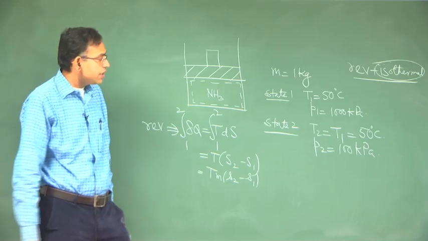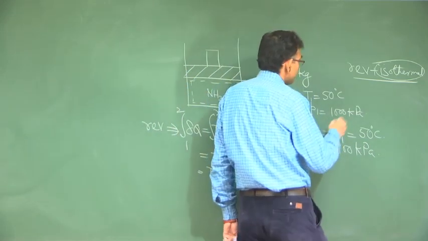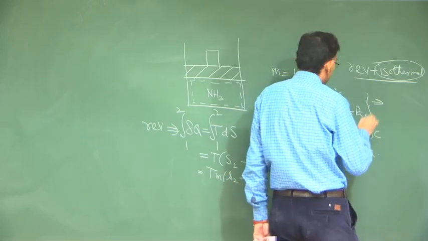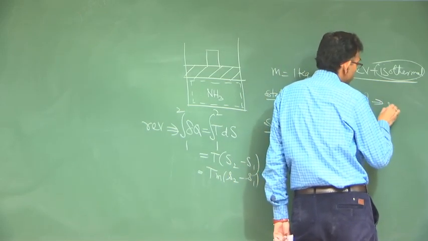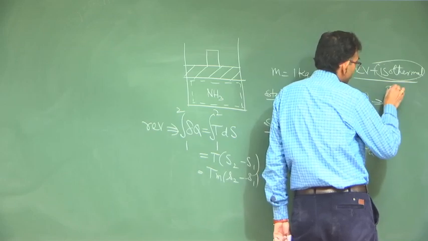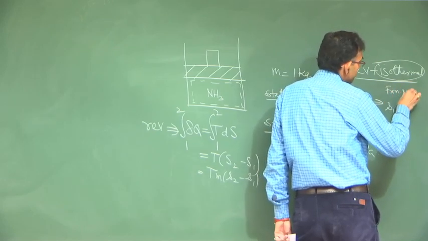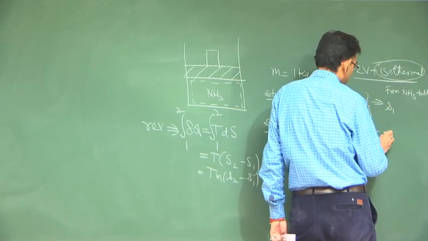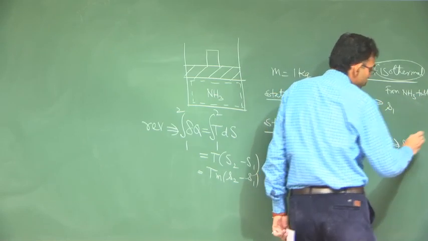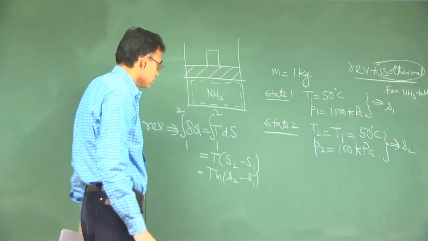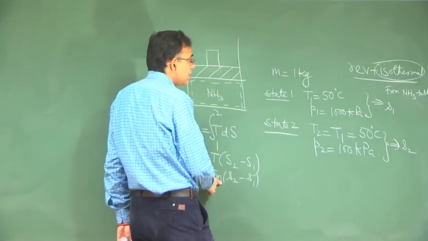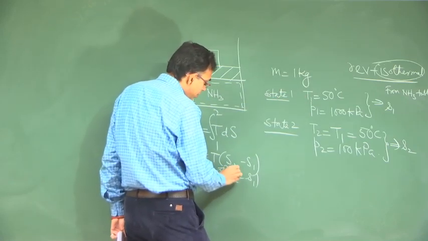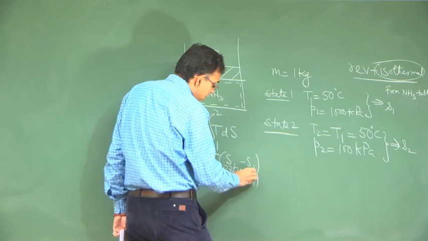How do you know S2 and S1? From the ammonia table, since the substance is ammonia. You will know S1, and you will require other things also from the ammonia table, and this will give you S2. M is 1 kg and T is 273.15 plus 50.